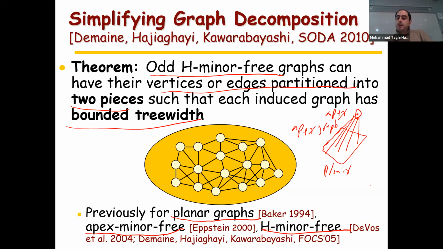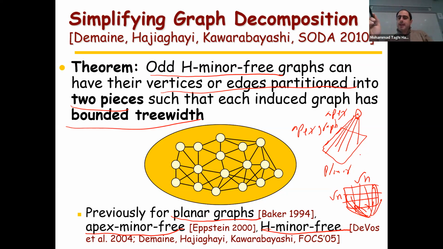You can consider a more canonical case where you have a square root of n by square root of n vertex grid actually. As I mentioned, planar graphs are essentially represented by grids, and then you add one vertex and you connect it to every single vertex. This is, you can say, the canonical apex graph. So apex minor free graphs are the graphs that don't have this apex graph as a minor.